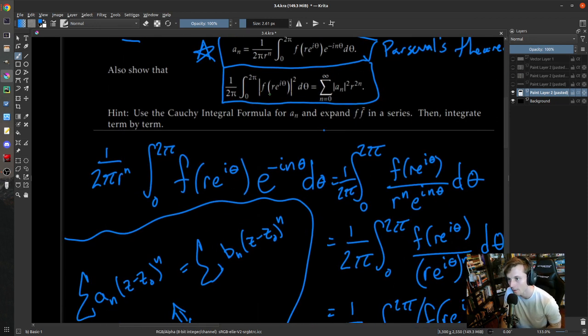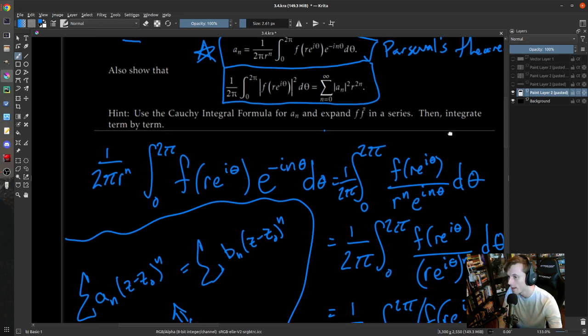The second part is the part that I think people might have found a little bit more tricky, and I saw a lot of incorrect answers in submitted things, so it seems reasonable to bring it up really quick. What we're going to do here, we have 1 over 2 pi integral from 0 to 2 pi modulus f of r e to the i theta squared d theta, and we want to show that it's equal to the sum of n equals 0 to infinity of the modulus of the coefficients squared times r to the 2n.